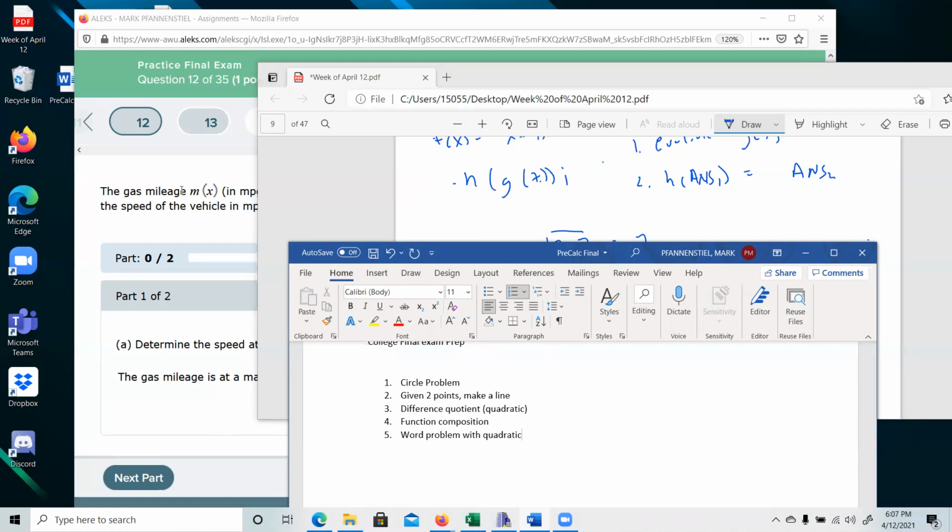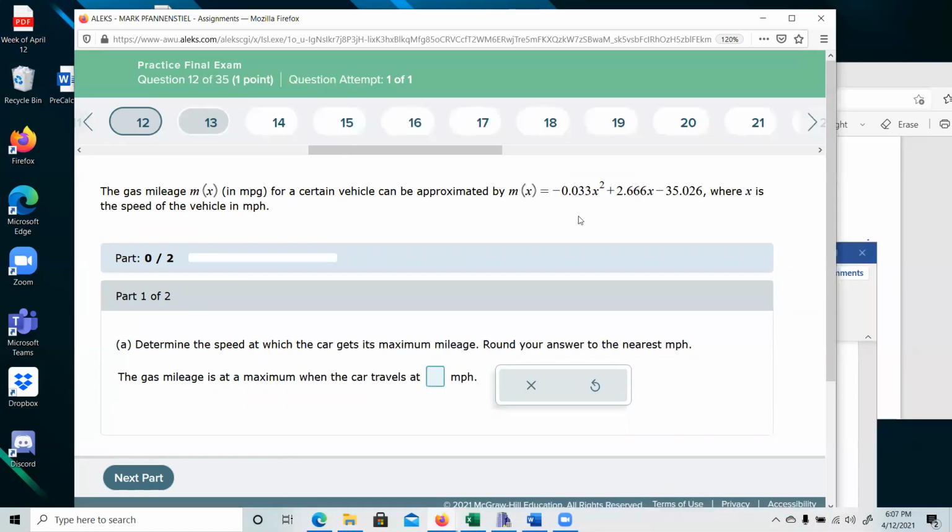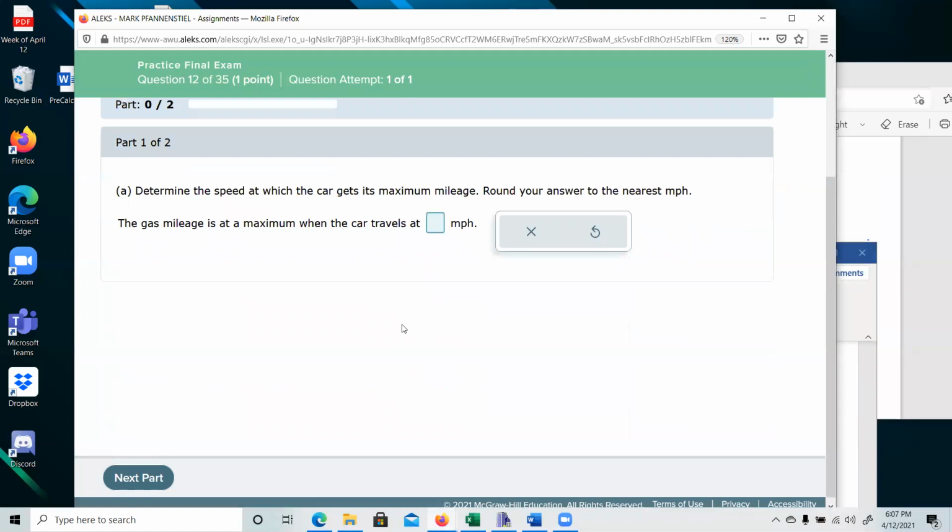Okay, they give us a parabola. I actually rather like this problem because Popular Mechanics actually does this problem every year. At least they used to. That way you can know what your optimum speed is for your gas mileage. Okay, so M is the miles per gallon, X is the speed of the vehicle in miles per hour, and then we are going to figure out what.